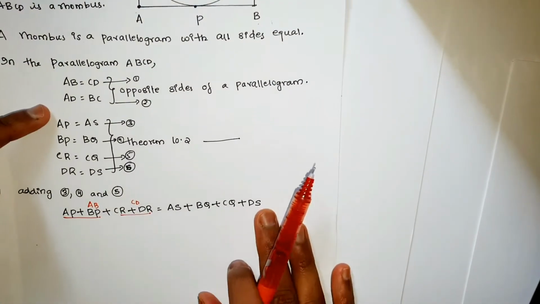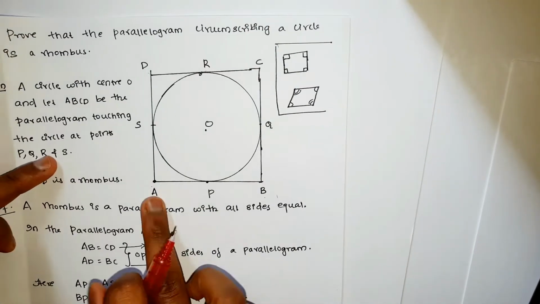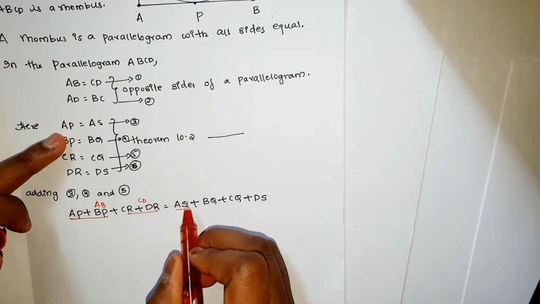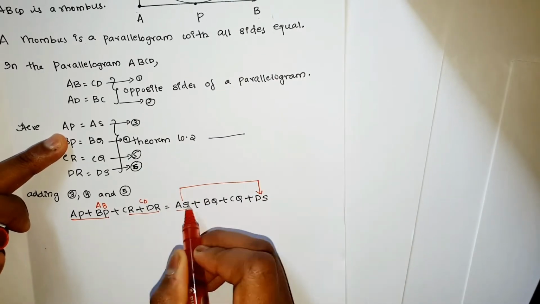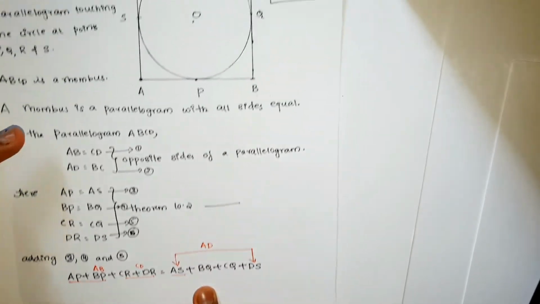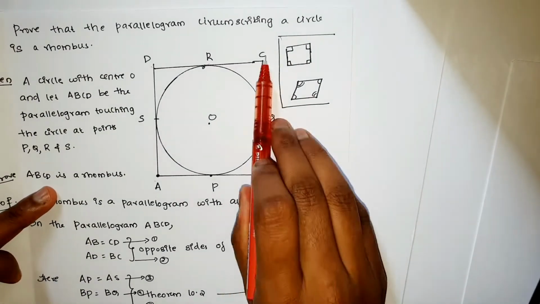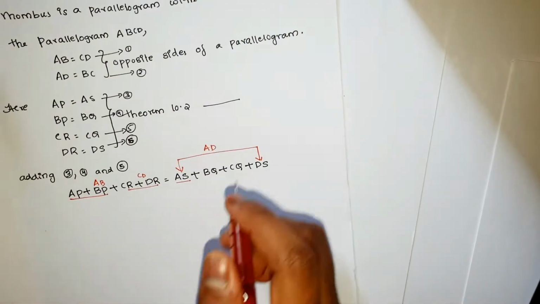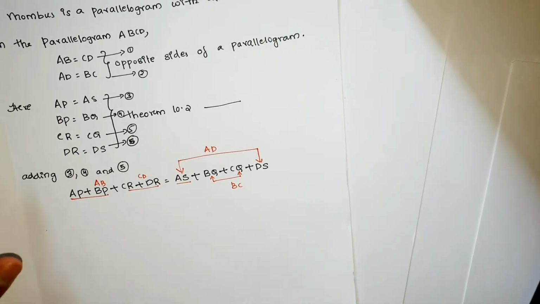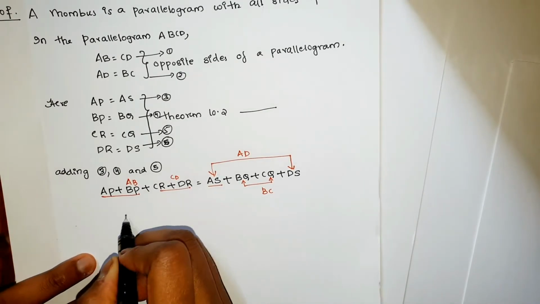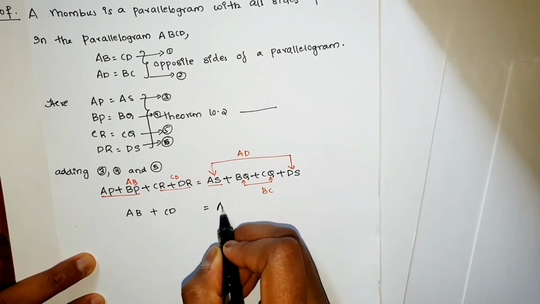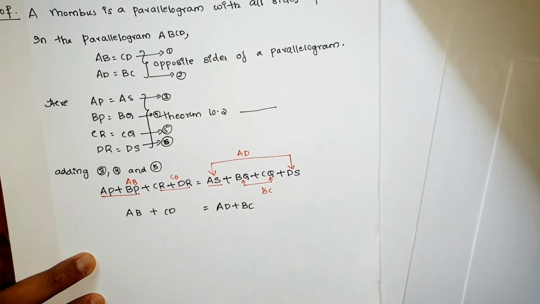And here AS plus BQ. So we have to pair AS with what? We want AS and DS. So I am pairing this AS and DS. If I pair AS and DS, I get AD. Next BQ plus CQ, so I get BC. So I can write AB plus CD is equal to AD plus BC.